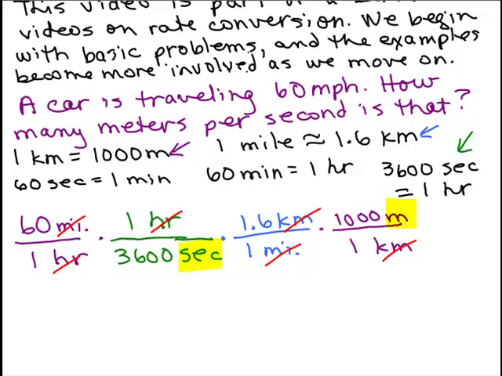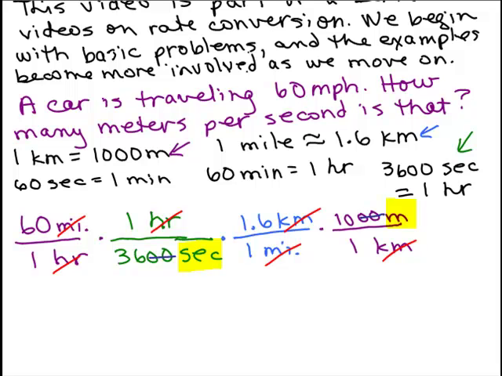So now I'm going to do the numbers. And again, you can just punch it all in a calculator, 60 times 1.6 times 1,000, and then divide by 3,600 and see what you get. So go ahead and try that. I'm going to do a little bit of canceling first because I just like to do that. These 2 zeros are like dividing by 100, so that cancels that out.